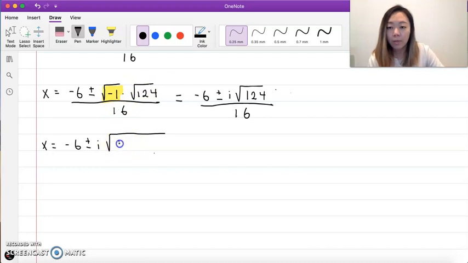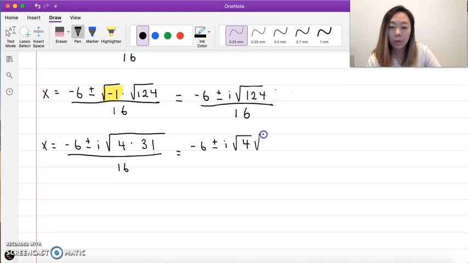I'm thinking 4 times 31, because 4 times 31 is 124, and 4 is a perfect square. So we could break that apart into two separate radicals, the square root of 4 and the square root of 31.